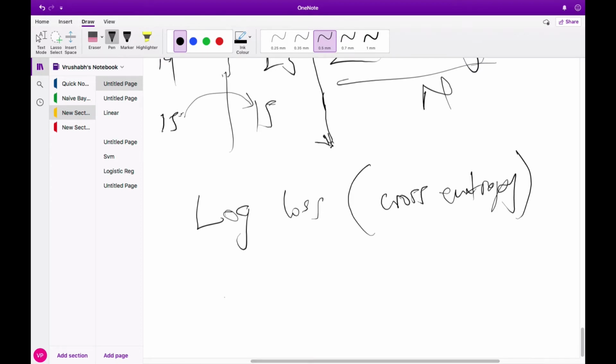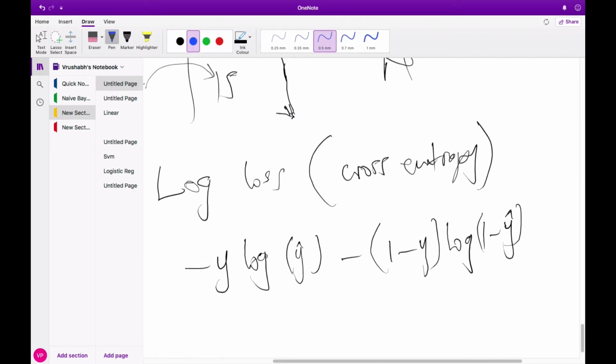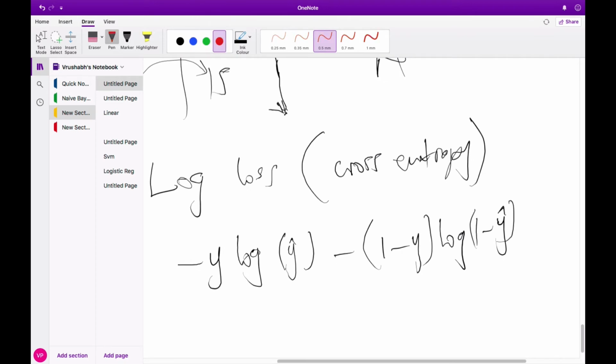So we'll be having negative y times log of y hat, that is the original data points and then the predicted one, minus 1 minus the original, times log of 1 minus y hat. Basically this is what we refer to as the log loss or the cross entropy.